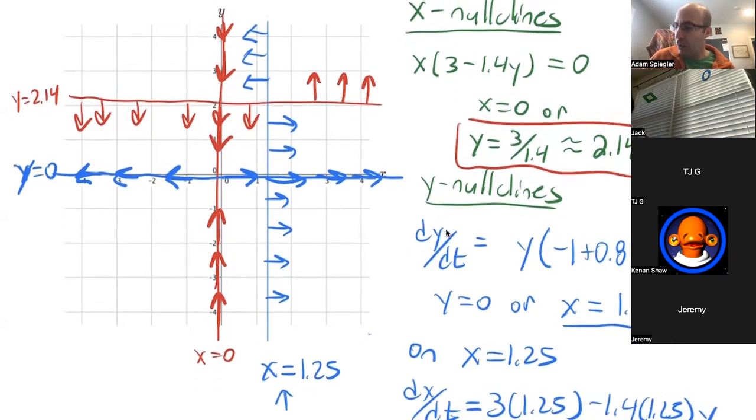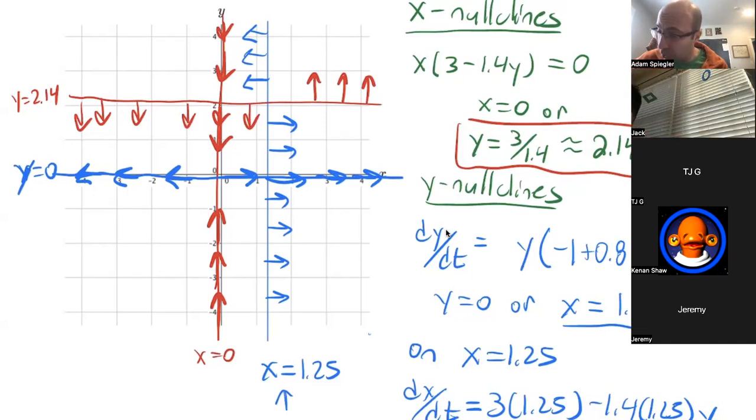Okay, so now the question might be, where are our equilibria, and are those equilibria stable, unstable, or semi-stable? How can we identify where we've got equilibria?